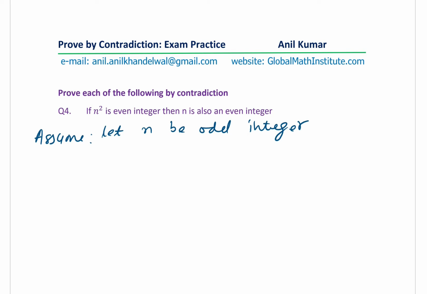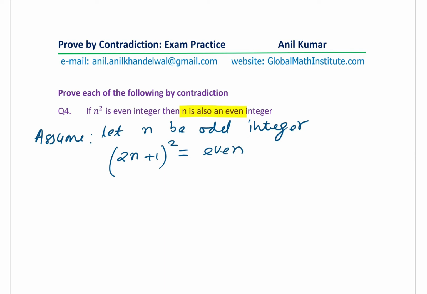We are saying n is also an even integer, and we are contradicting this by saying let n be an odd integer. In that case, we have n being an odd integer. So that means an odd integer will be like 2n plus 1, right? So that squared, we want that to be even.